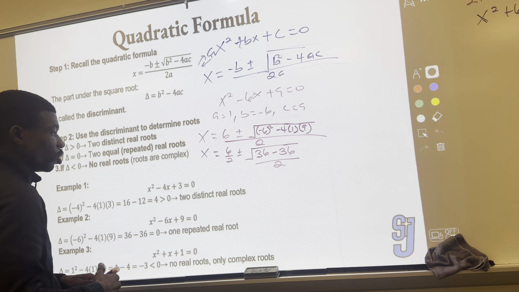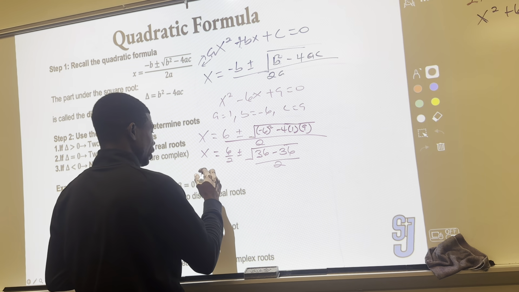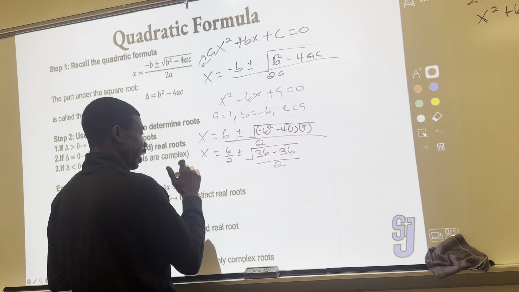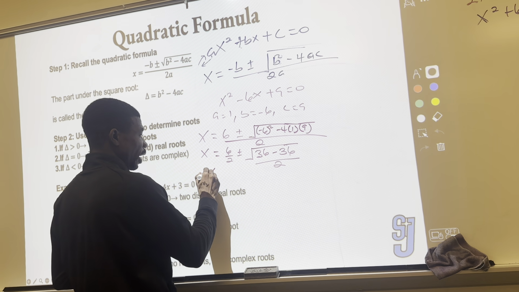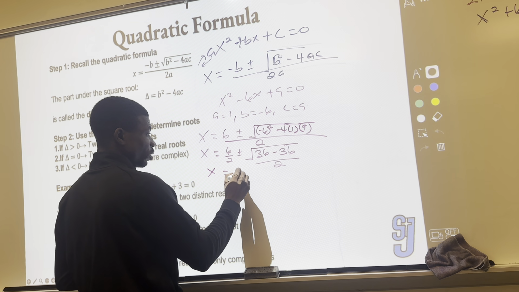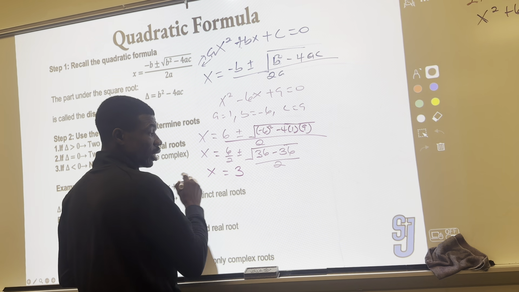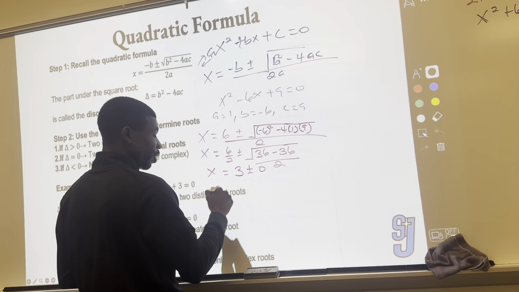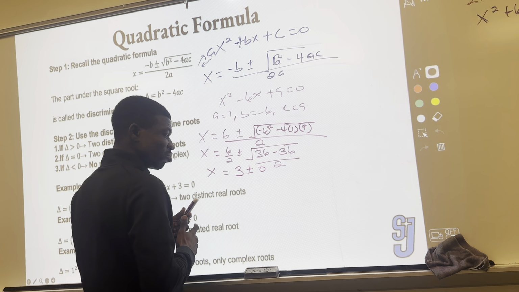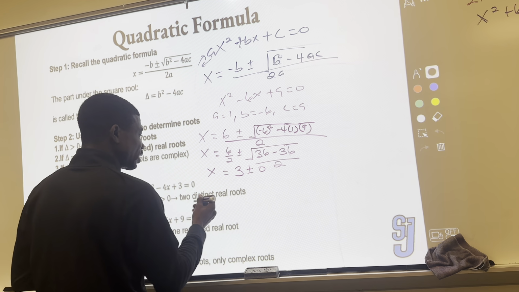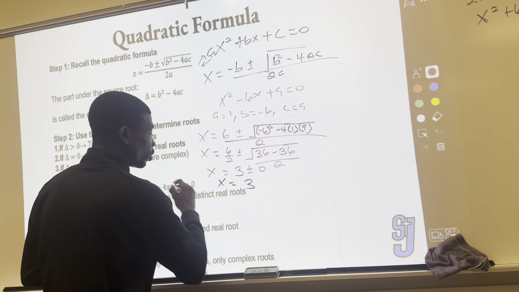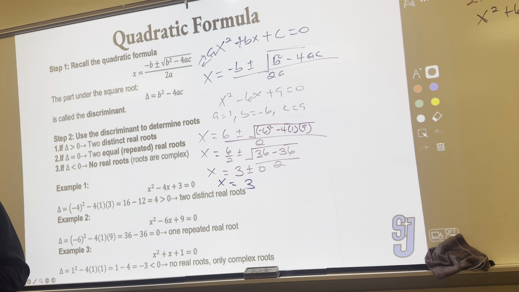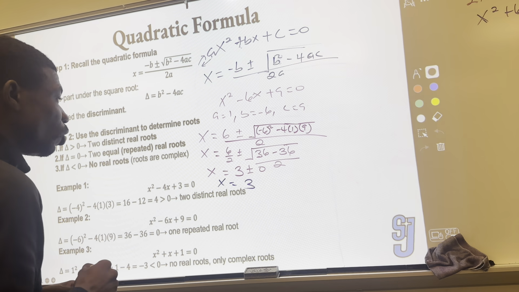Realize that I have x equals 3 plus or minus 0. And so now you can see that the x value is only equal to 3 at this point, and we don't have any other.